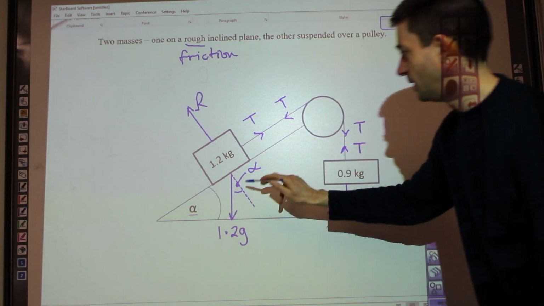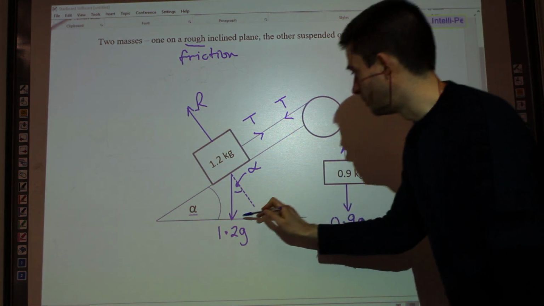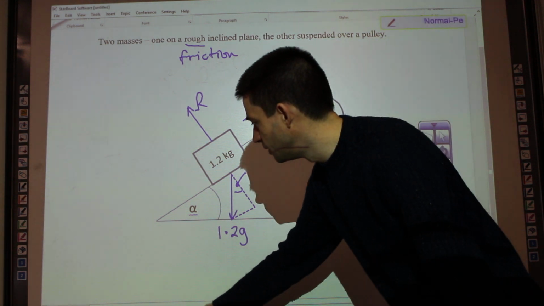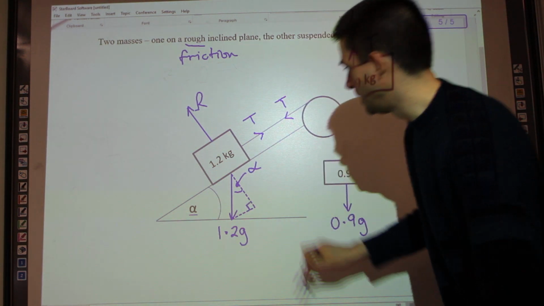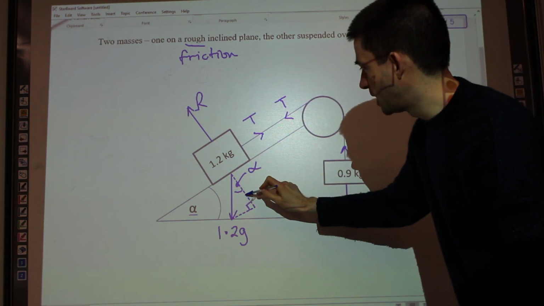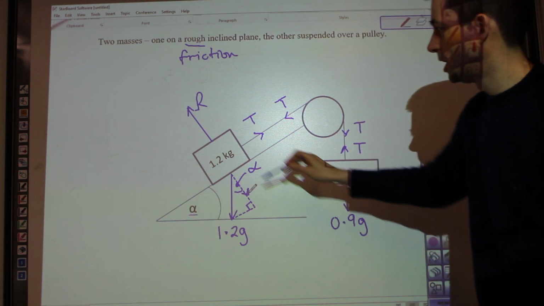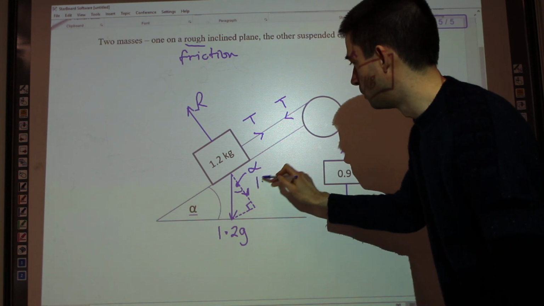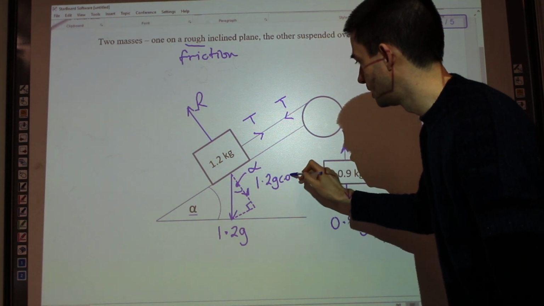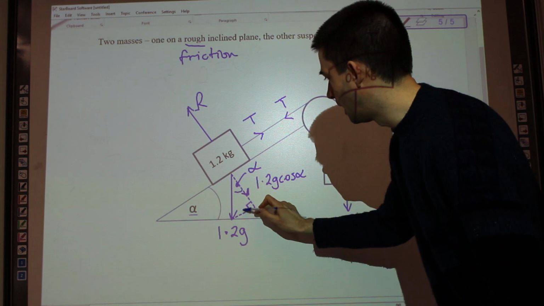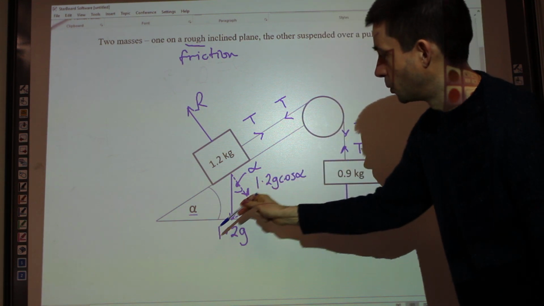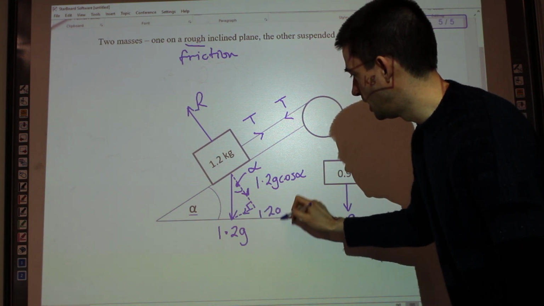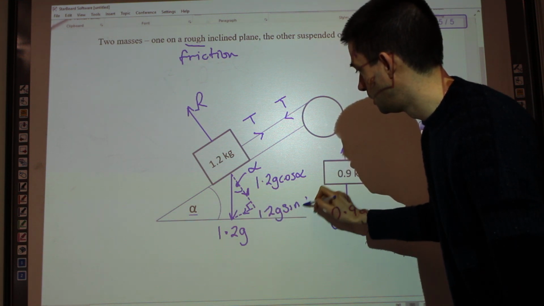And that is why we've labelled this angle in here alpha, because if I now join up that force there to create the components into a right angled triangle, what I would have is a weight component perpendicular to the slope, which in this case would be 1.2 G cos alpha, and this one here, which is the weight component parallel to the slope, that would be 1.2 G sine alpha.